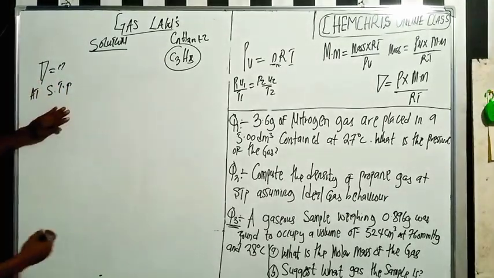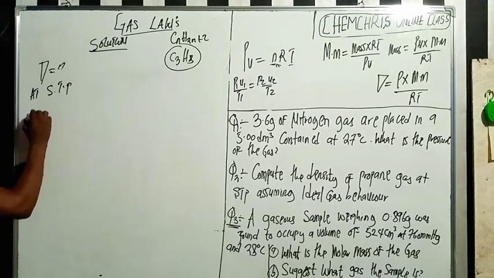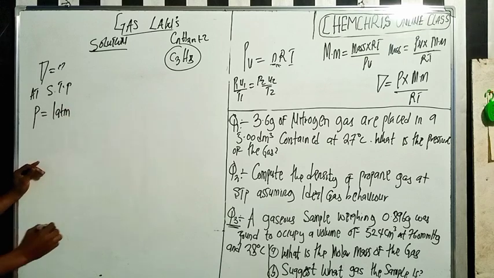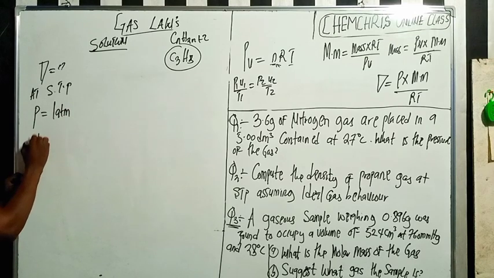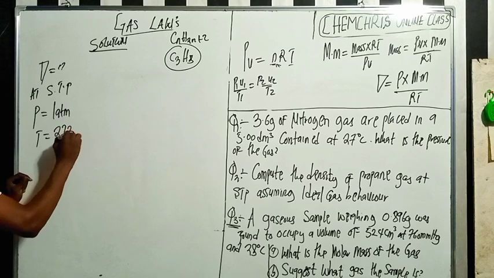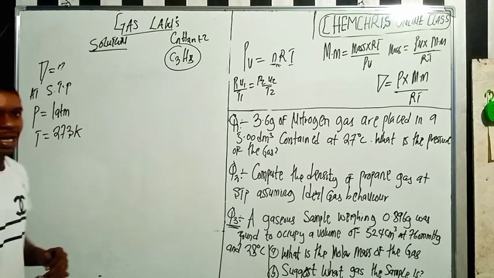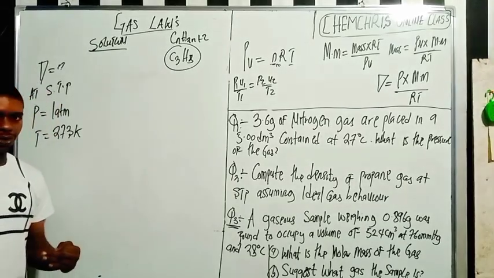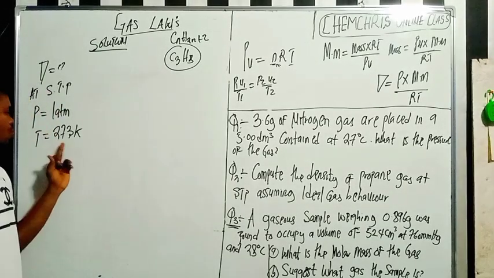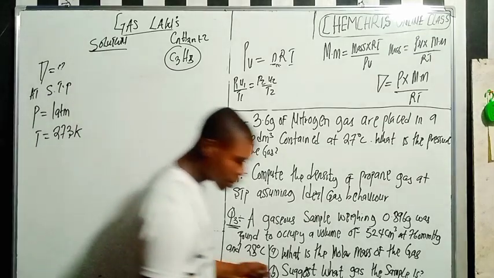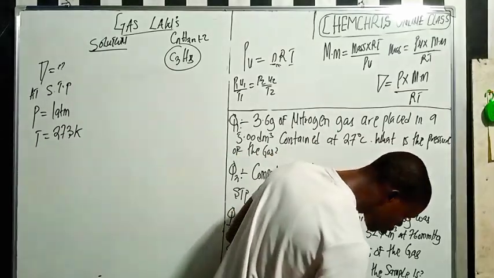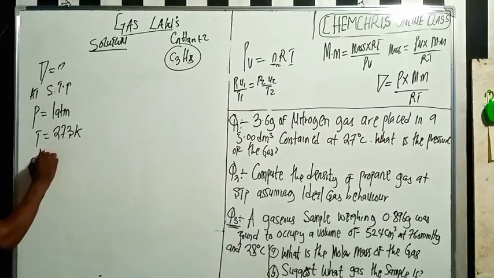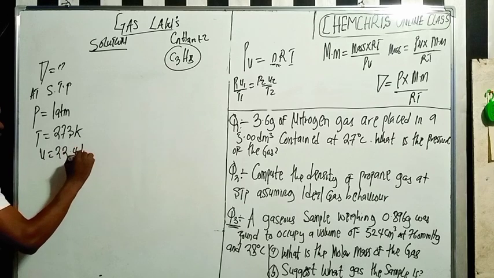So at STP, P is equal to 1 atm, temperature is 273 Kelvin, and volume is 22.4 dm cube.